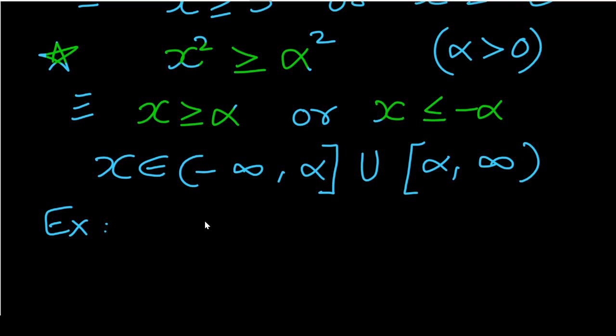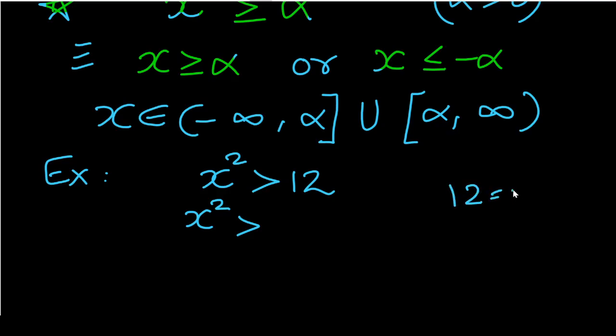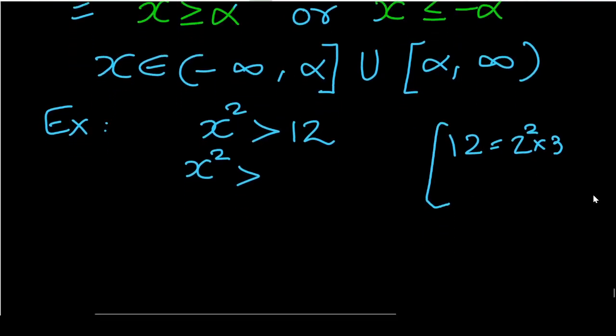For example, if it is x square greater than 12, here I haven't taken the equality sign. So in the first step, we will write 12 as the square of what? 12 is 2 square into 3, so 12 can be written as 2 root 3 square.